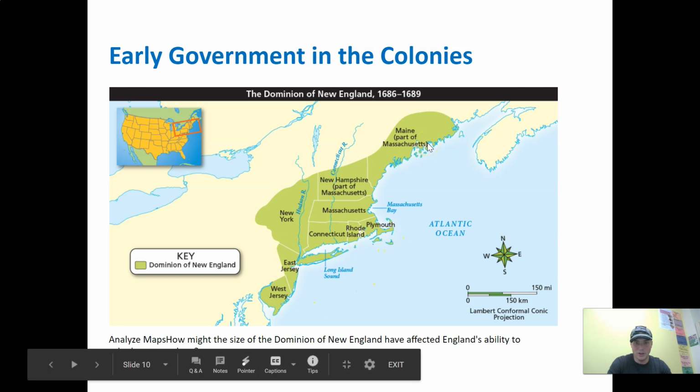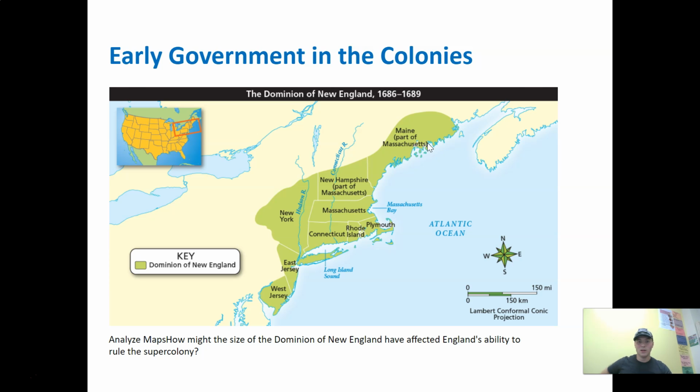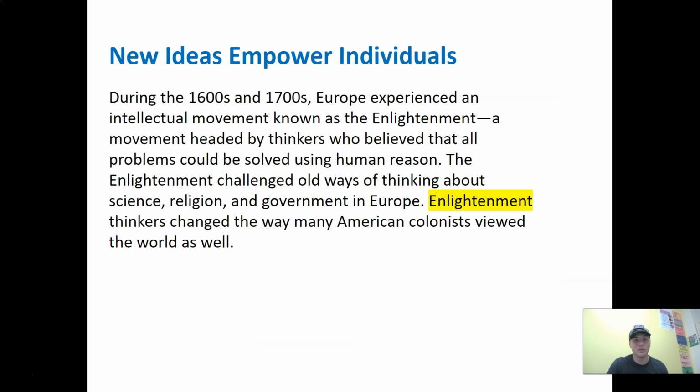But it never succeeded. And it was because of the lack of support from the colonial assemblies in Massachusetts, Rhode Island, and Connecticut. So this would eventually prove that Great Britain didn't really have full power over the colonies after all.